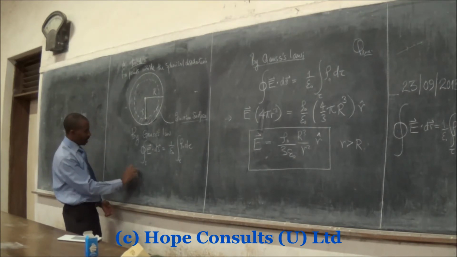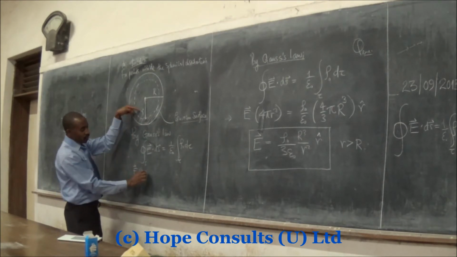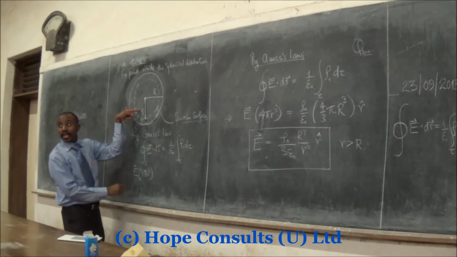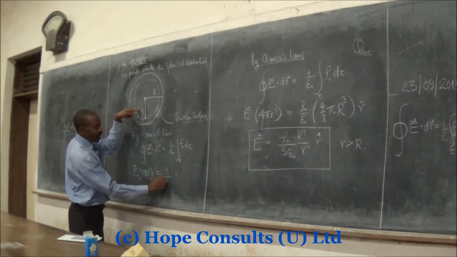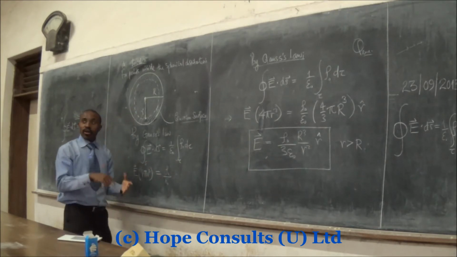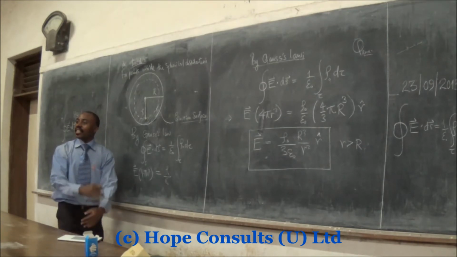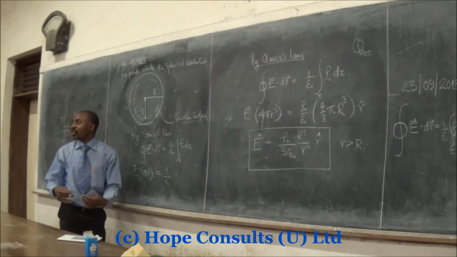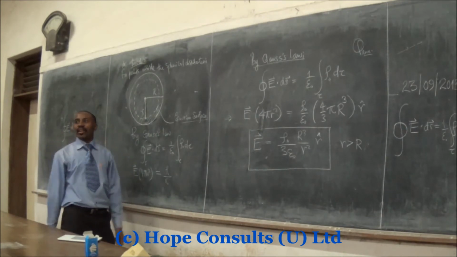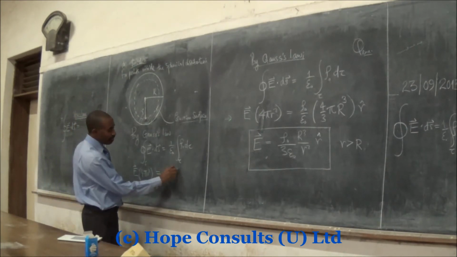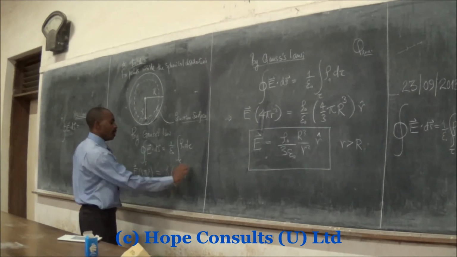So we have E times 4 pi r squared, small r. But this would equal rho naught over epsilon naught times the total volume left, and what is left is small r, because the capital R was reduced. This kid chopped off a bit of our seed, so we can only say 4 over 3 pi small r cubed as our volume.